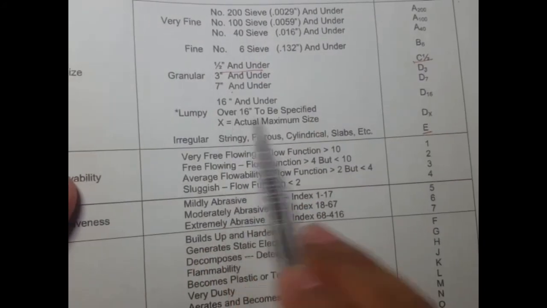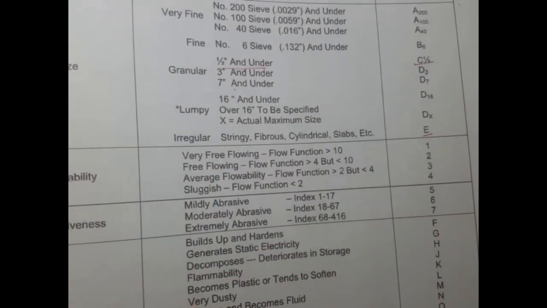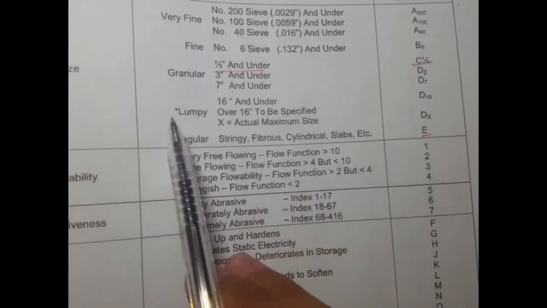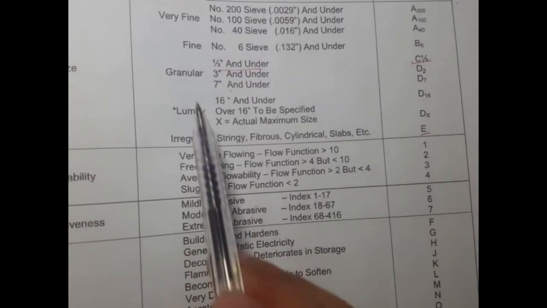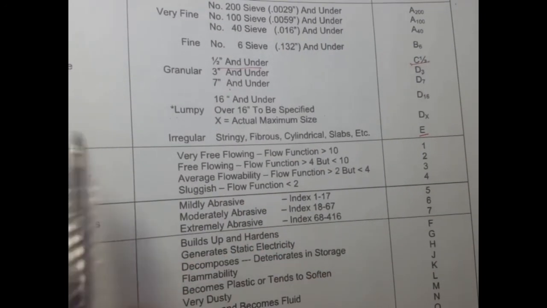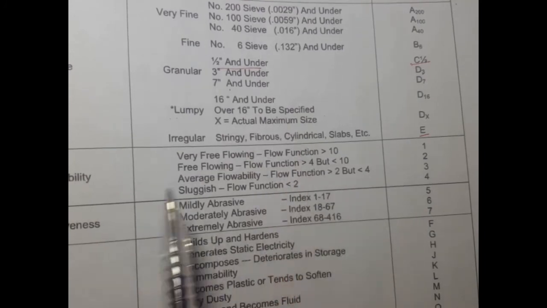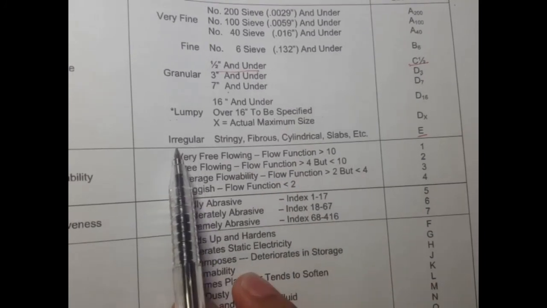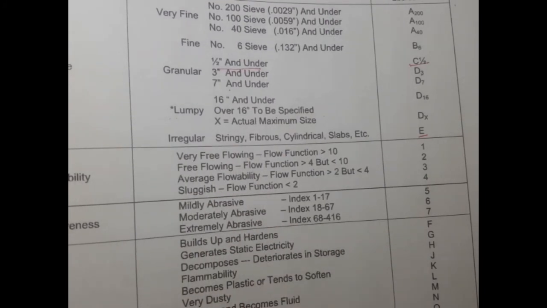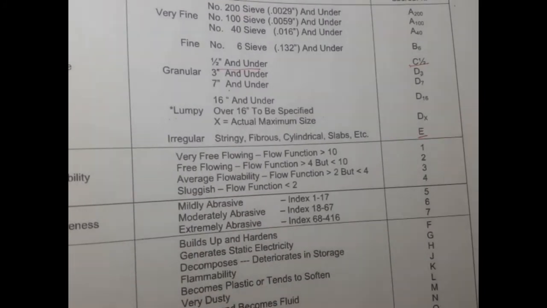It is also possible to convey a material in a screw conveyor that's larger than the granular size. They classify it as lumpy, over 16 inches to be specified, or it can be irregular, stringy, fibrous, whatever.